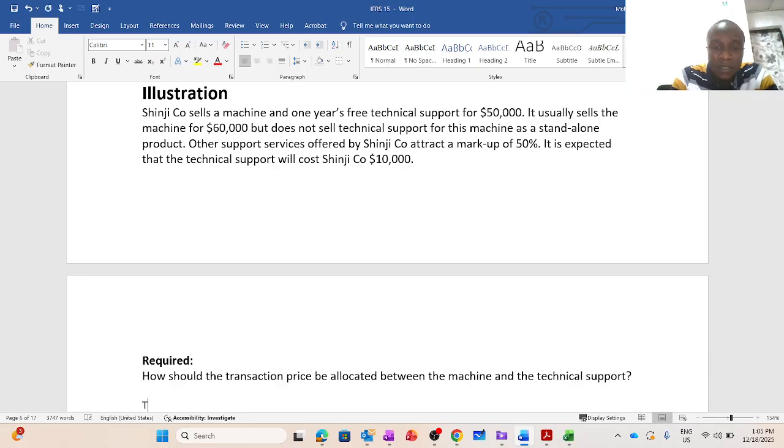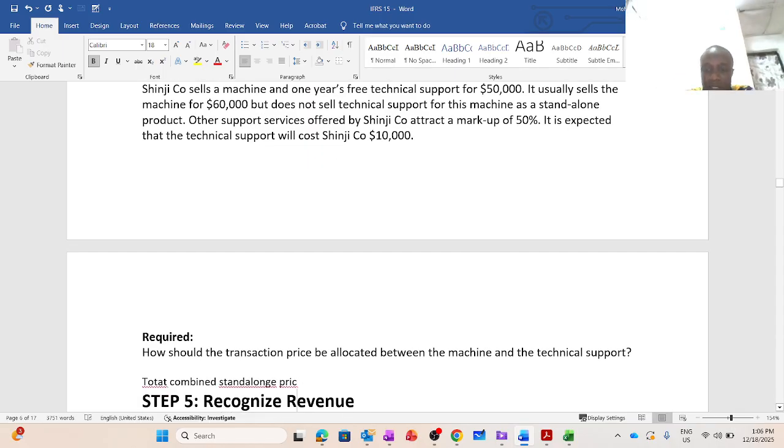The total combined standalone selling price. Okay, let me do it in pieces so we are able to get the concept well.